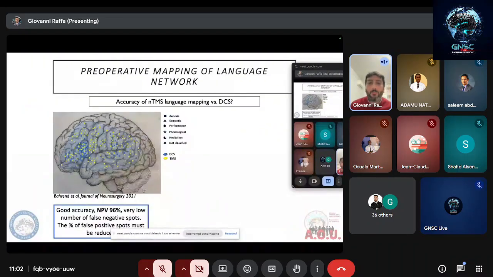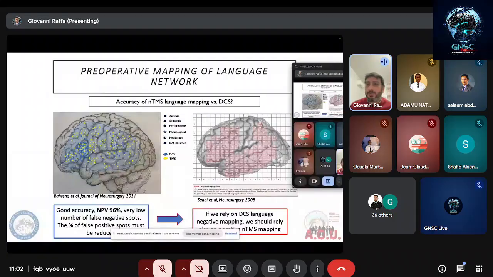That means that if we perform an NTMS language mapping before surgery, we don't find any language cortical eloquent sites. That means that we can resect that area because that area is not involved in the language network. This is similar to what has been reported in 2008 by Sanai and Berger with the famous negative language mapping.